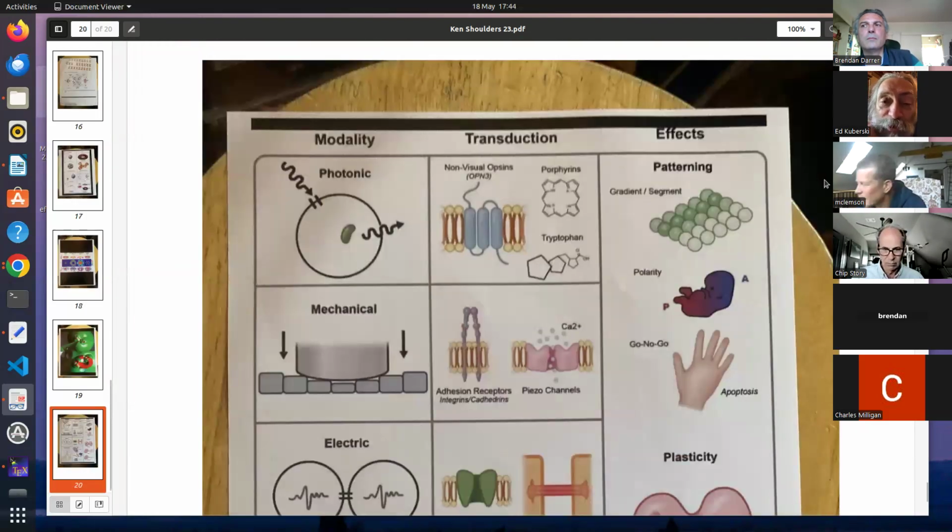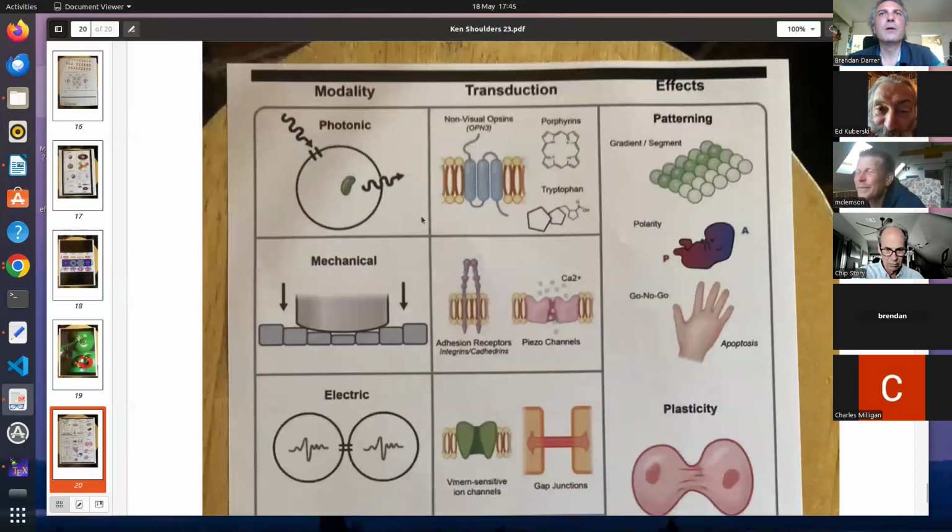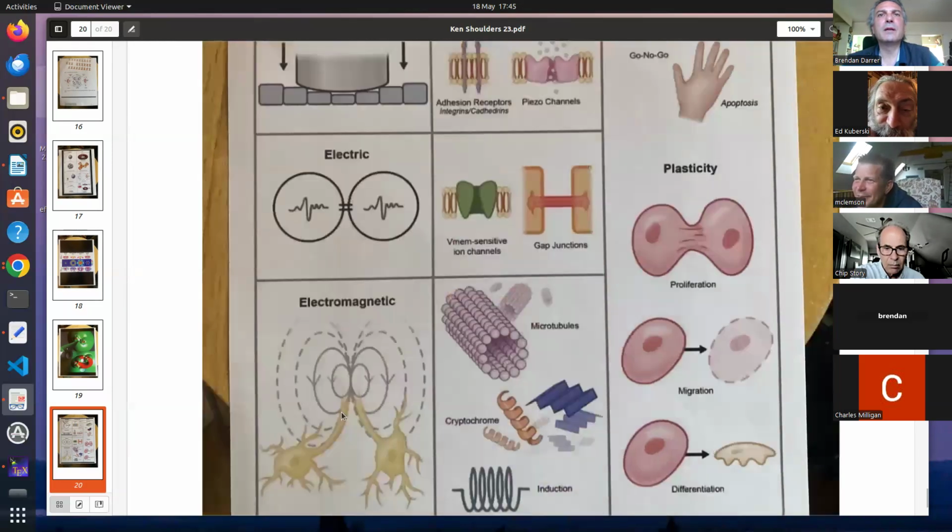Now, this one I want you guys to chime in on too, because this has got some wild stuff on it as well. Modality transduction effects. Photonic, mechanical, electromagnetic.